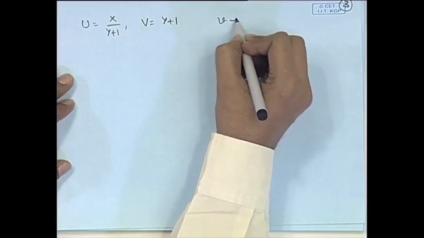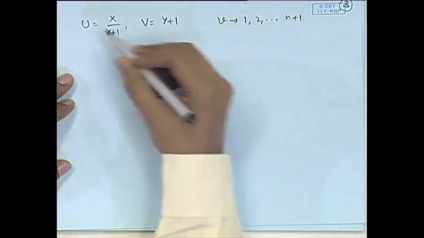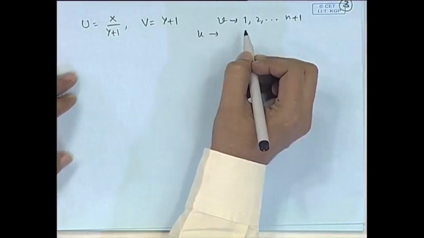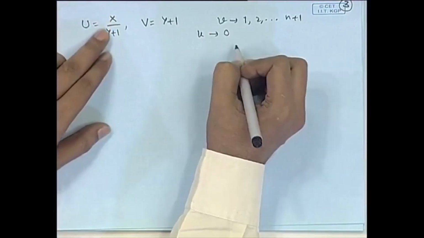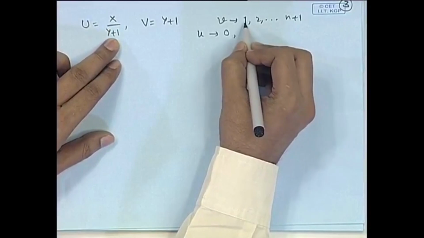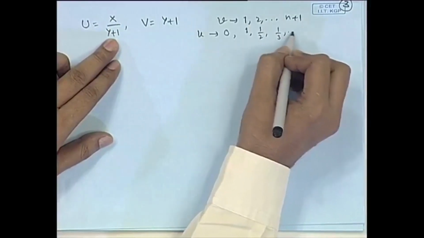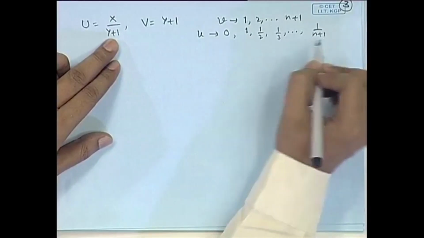So, V will take values 1, 2 up to n plus 1, whereas for the values of U, X can take value 0, X can take value 1, and in that case Y plus 1 can take all these values. So, 1, 1 by 2, 1 by 3 and so on, 1 by n plus 1.